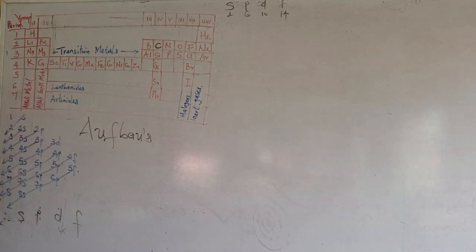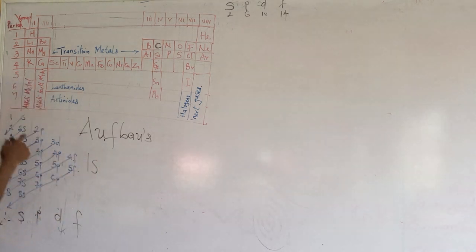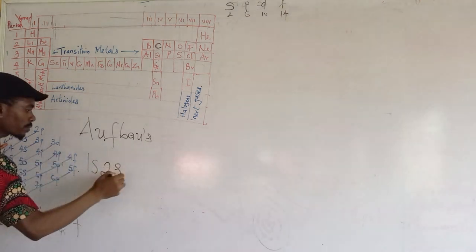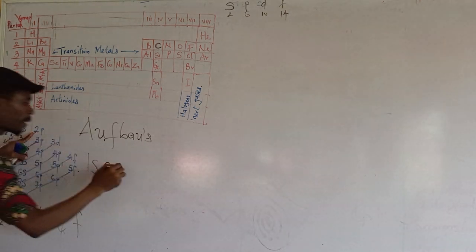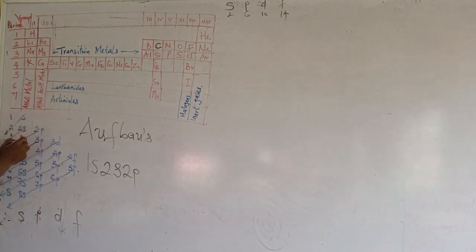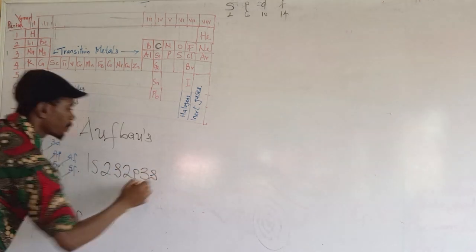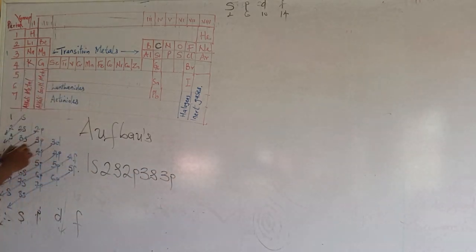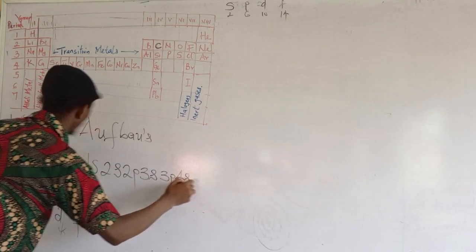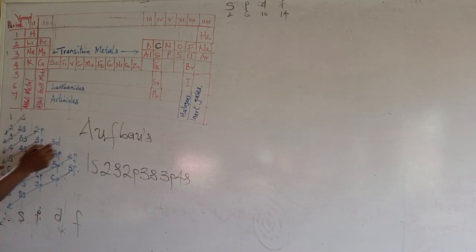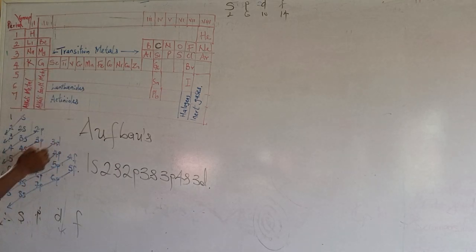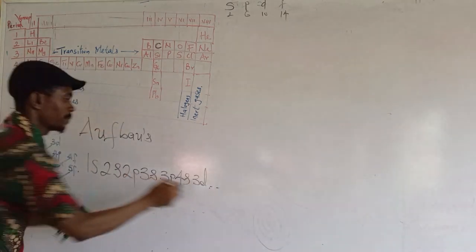So by this principle, the first one is 1s, then the next is 2s. After 2s, we get to 2p. From 2p, we get to 3s. From 3s, we get to 3p. From 3p, we get to 4s. Then after 4s, the next one is 3d. So this continues, and so on.